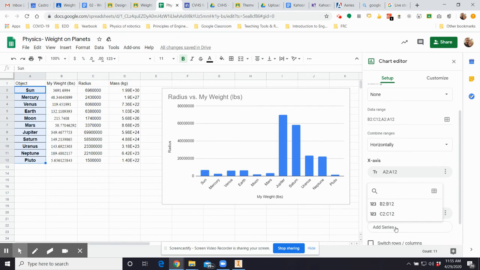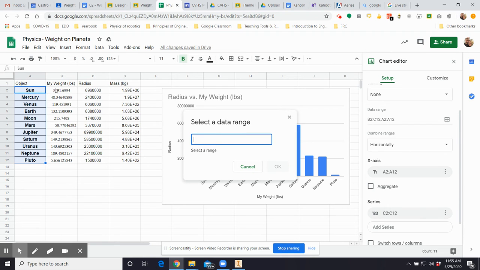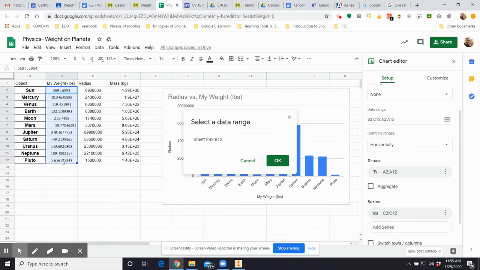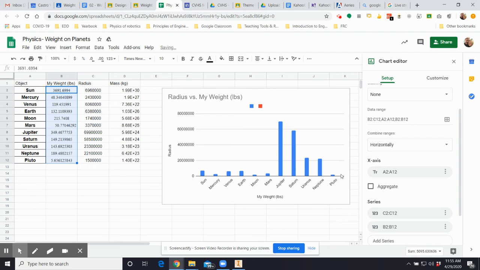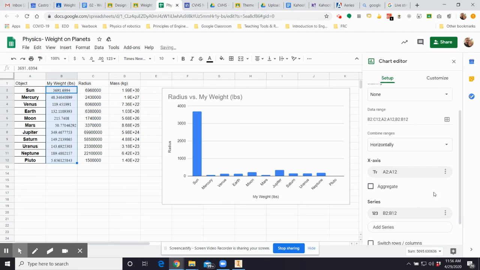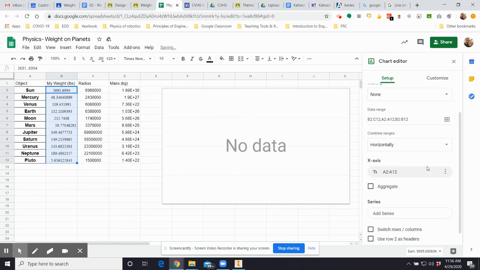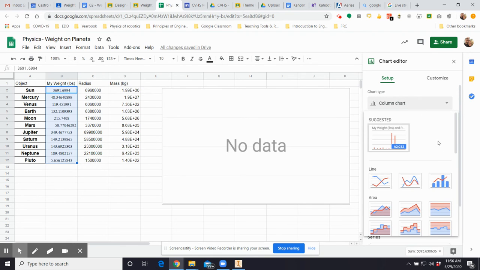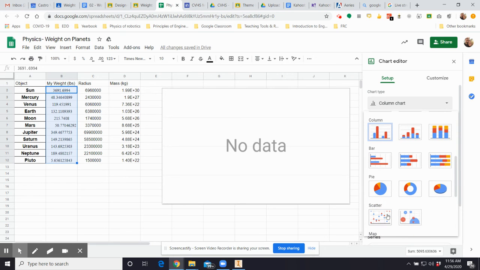We could also add a series maybe. So we would say like we want to look at probably maybe the weight contribution. And we could probably delete, remove this. But I think the easiest one to do, maybe instead of a chart, doing a scatter plot.